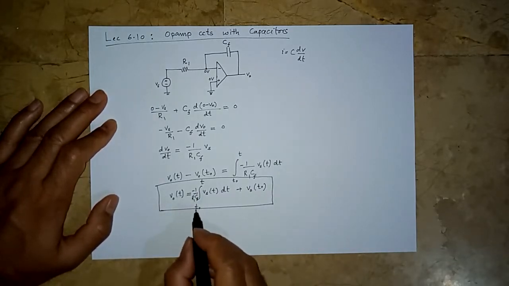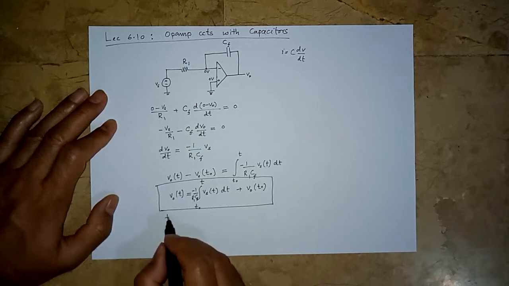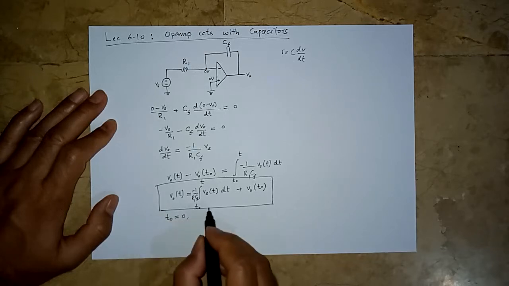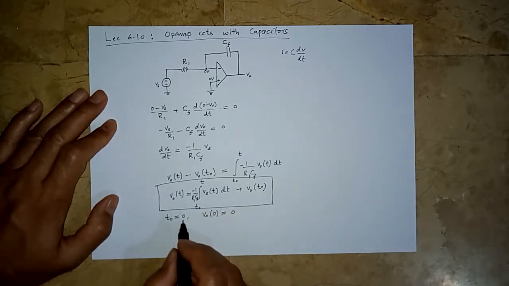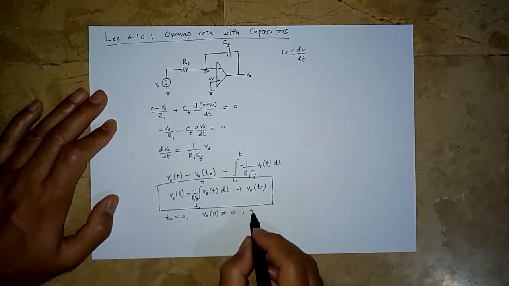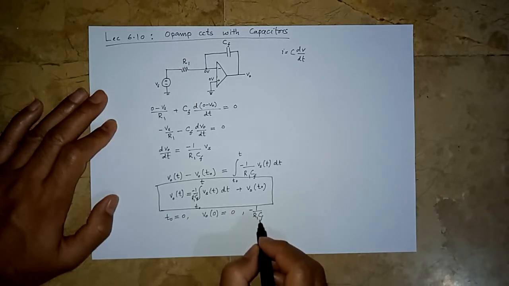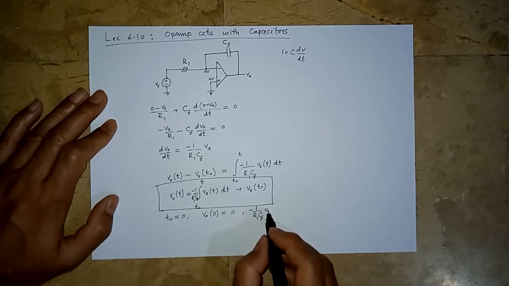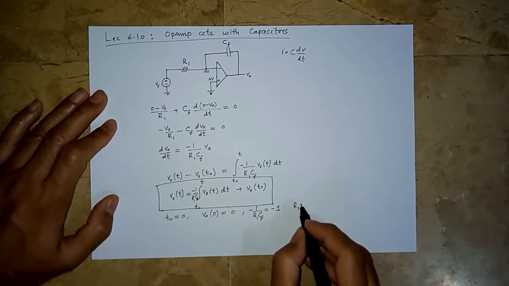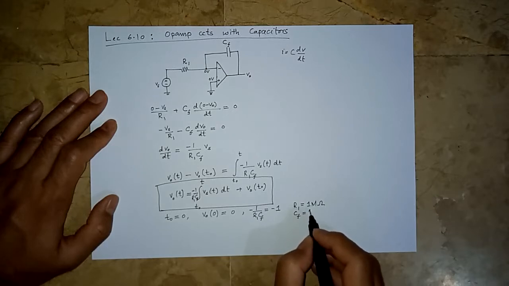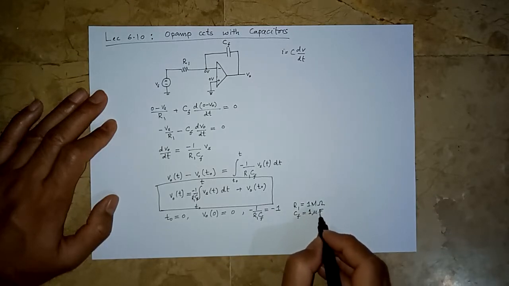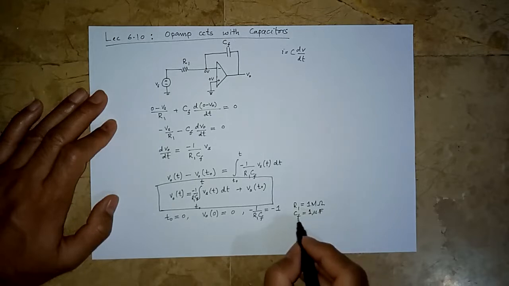So if this t naught is a time of convenience, say t naught is 0, and suppose the output at 0 was 0, and suppose the values of R1 and CF are such that this thing is equal to minus 1. Suppose R1 is 1 mega ohm and CF is a 1 microfarad capacitor. Then 1 mega into 1 micro is 1.